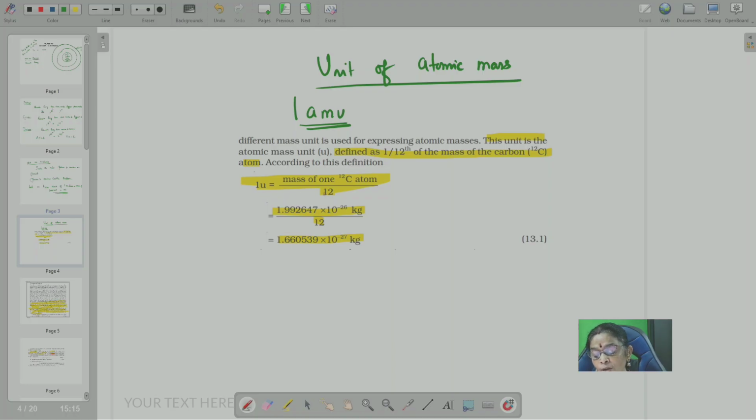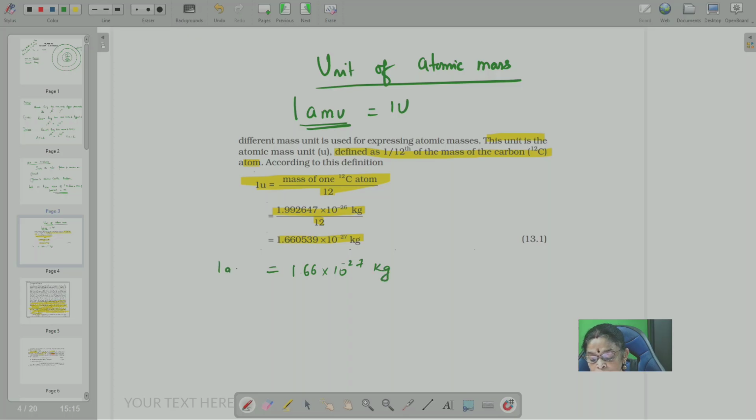So 1 U is equal to the mass of 1 carbon-12 atom divided by 12. What is the mass of 1 carbon-12 atom? 1.992647 × 10^-26 kilogram, divided by 12. So that can be written as 1.66 × 10^-27 kilogram.